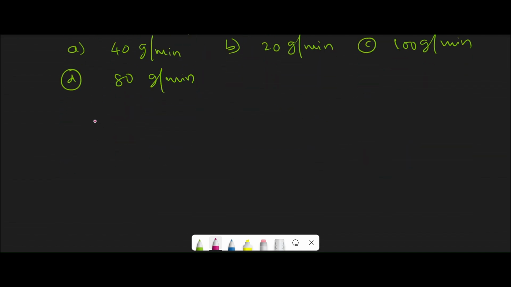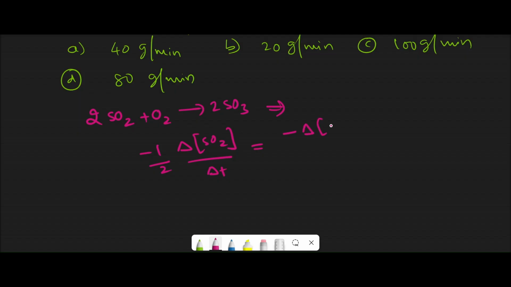So now, as per the equation, I am writing once again the reaction 2SO2 plus O2 gives rise to 2SO3. For this reaction, the rate of reaction is minus 1 by 2 delta SO2 by delta T equal to minus delta O2 by delta T equal to plus 1 by 2 delta SO3 by delta T, right.